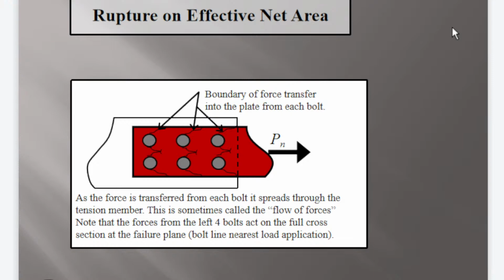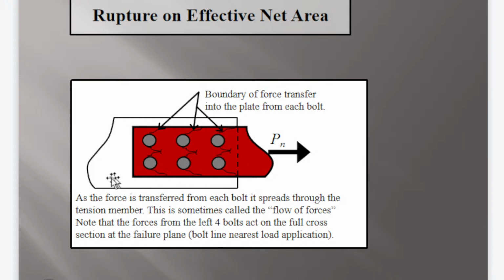Again, the boundary of force transfer into the plate from each bolt. Look at the possibilities of force transfer. The force transfer would be felt by the material, molecules, particles, and will be resisted by the crystal structure of the material.